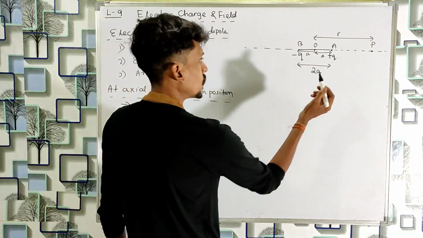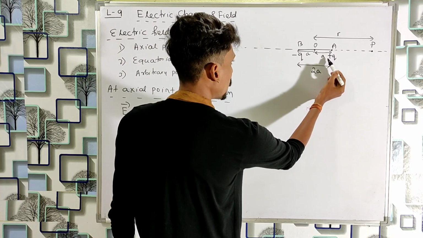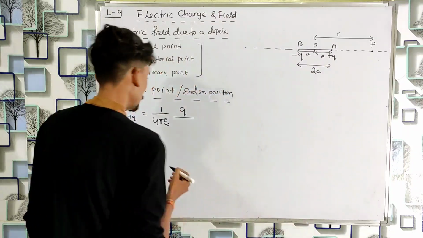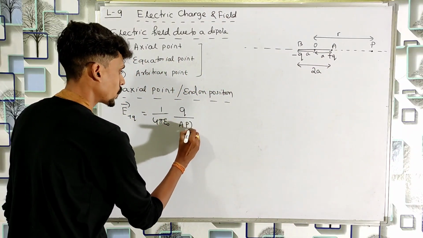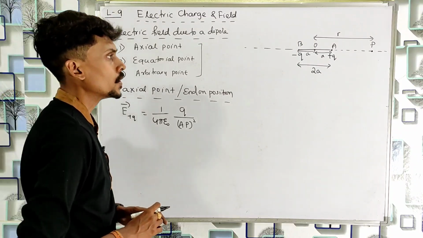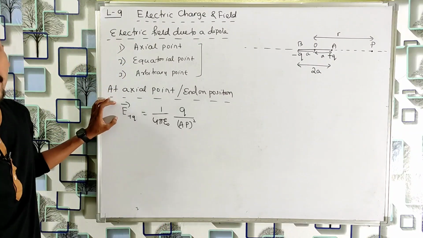So here the distance of the charge plus q from the point P is AP, so I can write AP square. Is that clear? And this electric field has a direction.